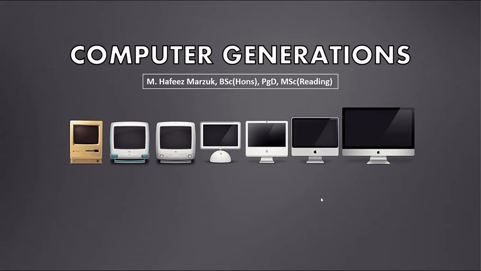Initially, computer generations were decided based on the hardware technologies, but now these generations are decided by the complexity of technology in both hardware and software systems. So when we talk about computer generations, we mainly focus on five different generations.